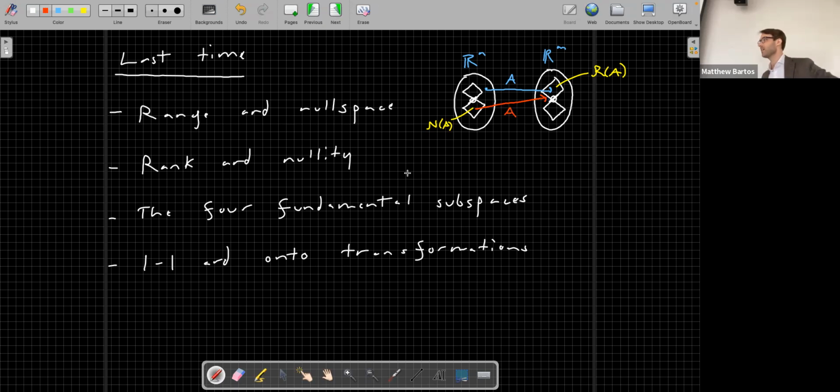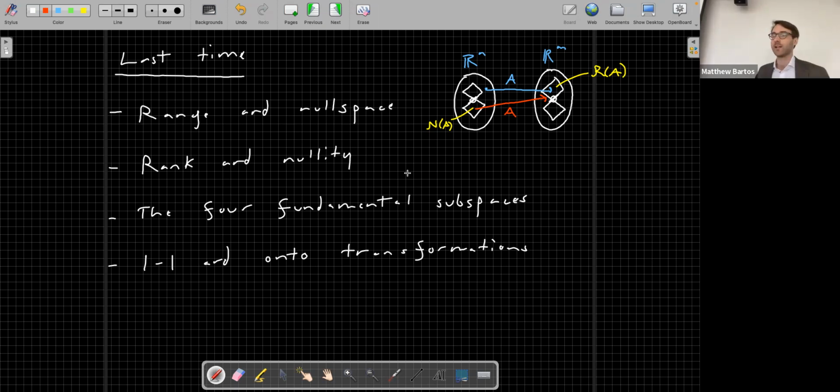This is an important concept. The range and null space of a linear transformation are very fundamental to linear algebra problems, and as we'll see, to control problems and observer design problems going forward. These are the two subspaces associated with our linear transformation A.